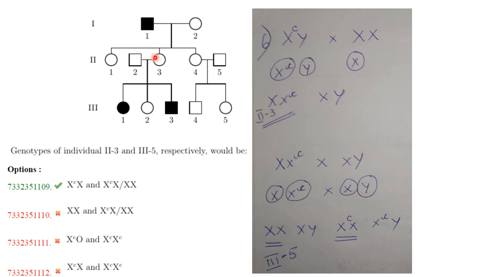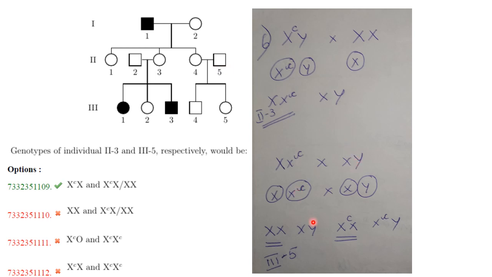So 3 is not having the defect, so that means she is a carrier of the disease, not having the disease but carrying the diseased gene. So 2-3 will be XCX. Now coming to 3-5, that is from here. So this female child could be XCX and it's crossed with a male which is normal.